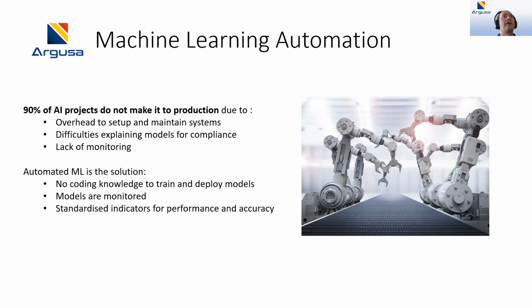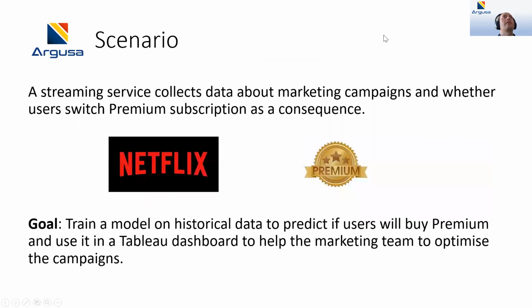Here is the scenario we'll work on today. There is a streaming service. You can imagine Netflix. It's not actually Netflix, but you can imagine it just for an example.